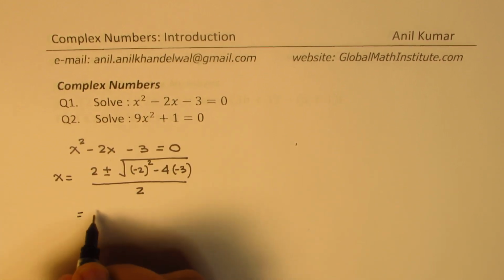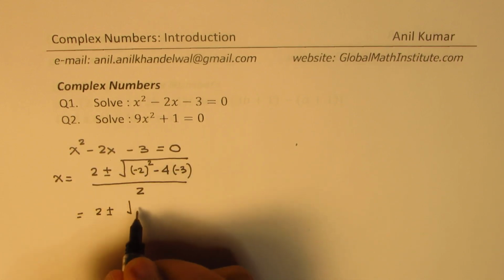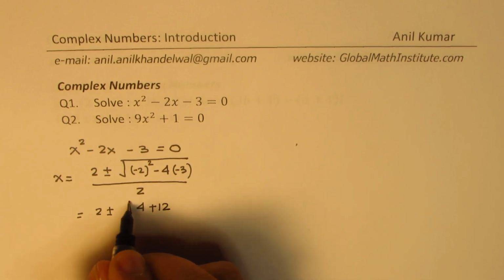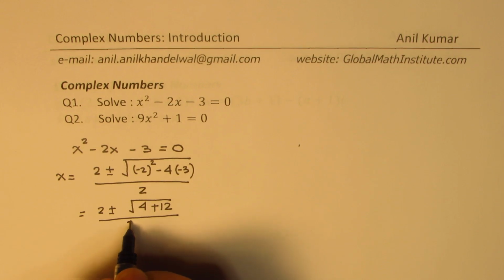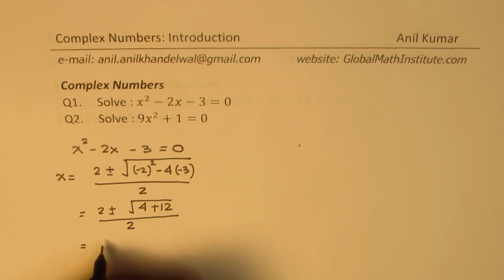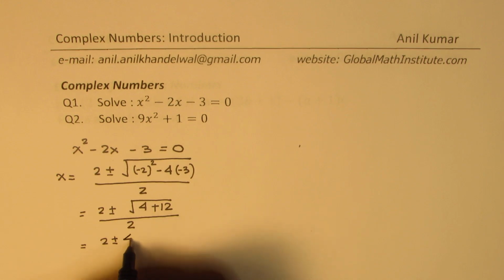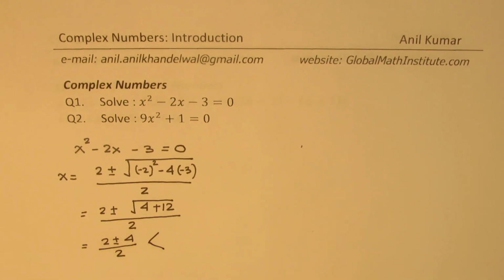So when you do that, you get 2 plus minus the square root of 4 plus 4 times 3, which is 12, divided by 2. What we get here is 2 plus minus the square root of 16, which is 4, over 2, right? So that does give you two solutions.